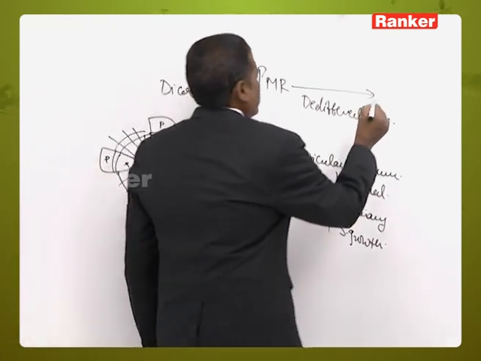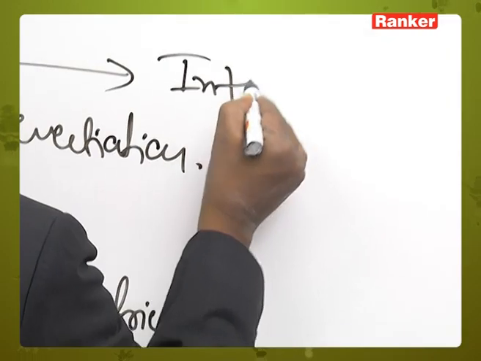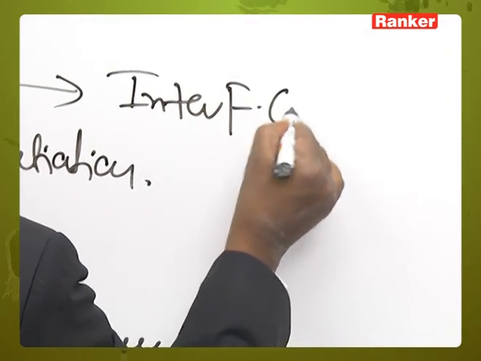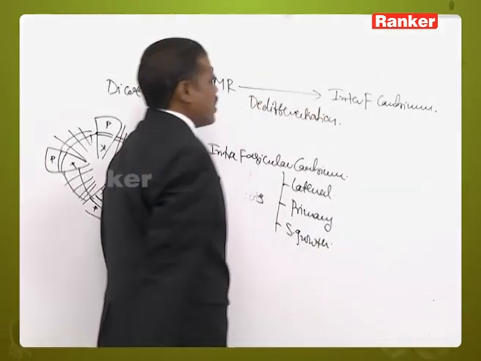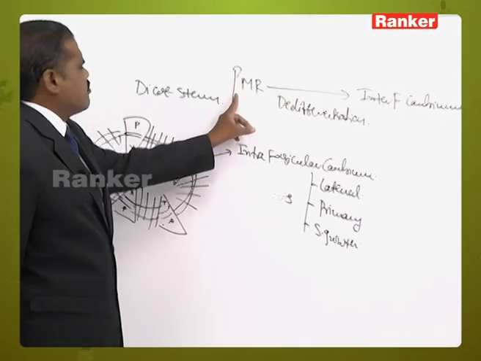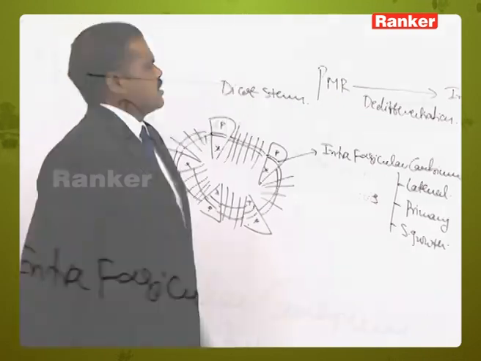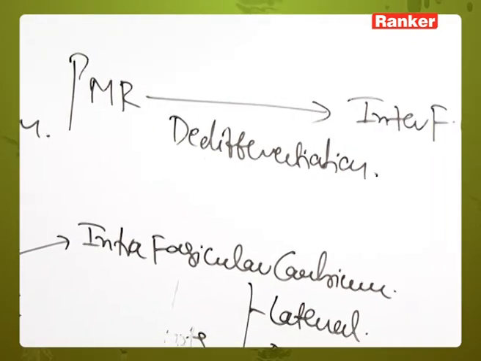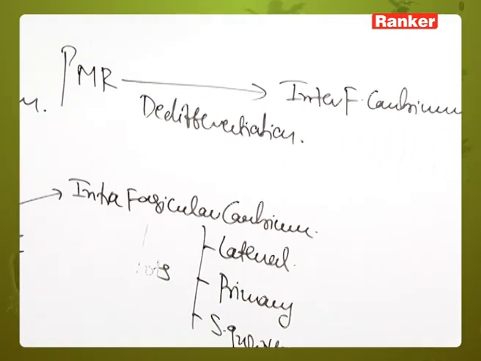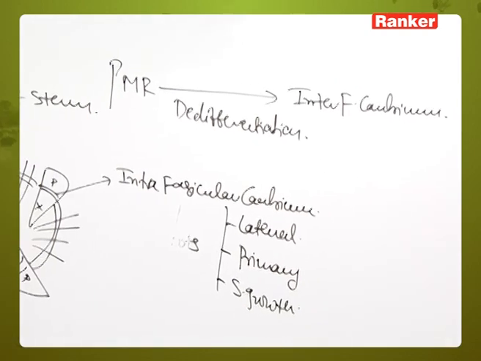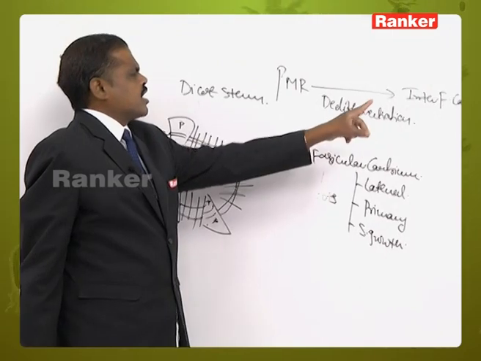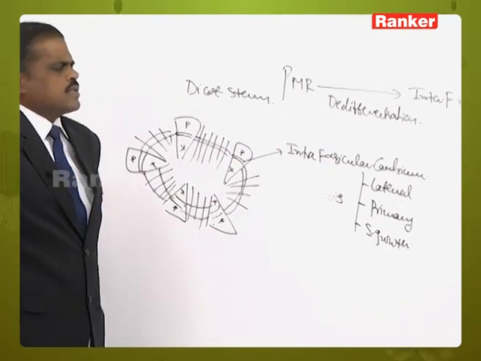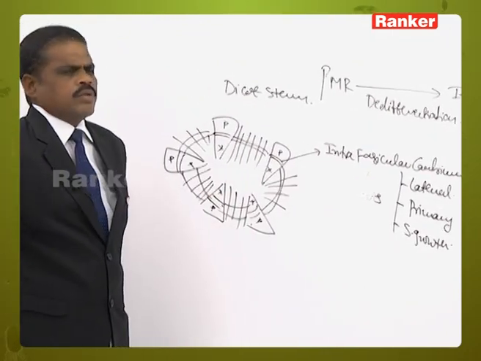That new cambium is called interfascicular cambium. The cambium which is newly formed from primary medullary rays by dedifferentiation is called interfascicular cambium.